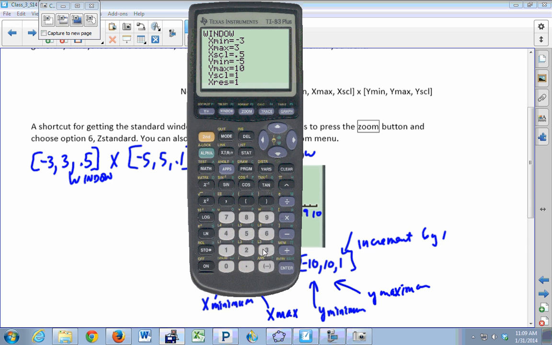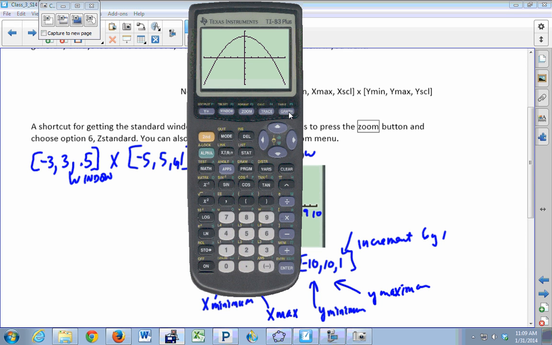My y maximum is +5, and let's just keep my scale at 1. All right, now when you hit enter, your graph's going to look a little different, because now I'm only going from -3 to 3 and from -5 to +5.